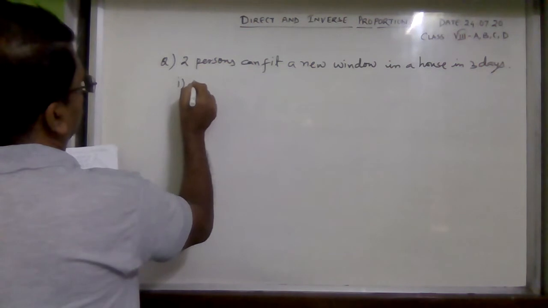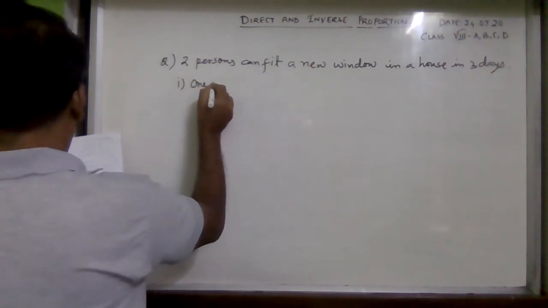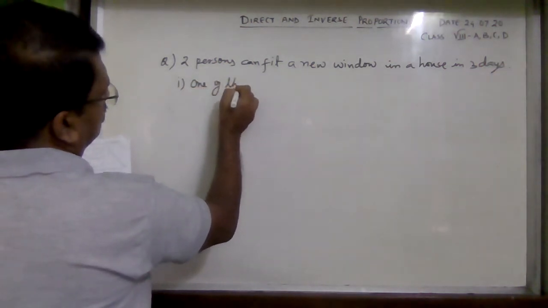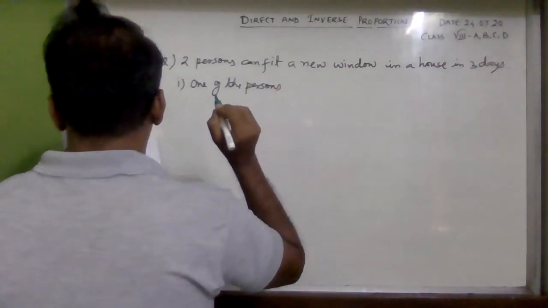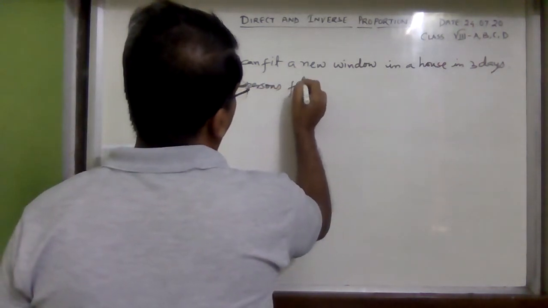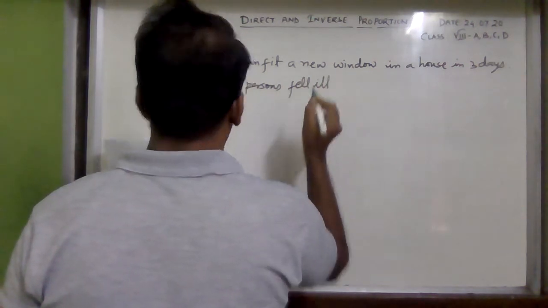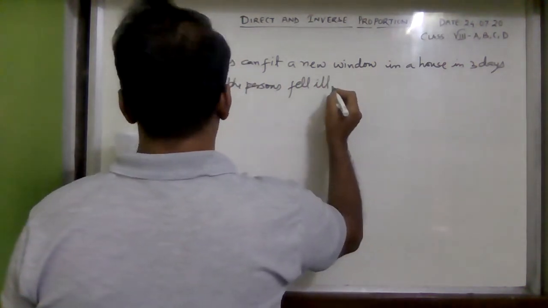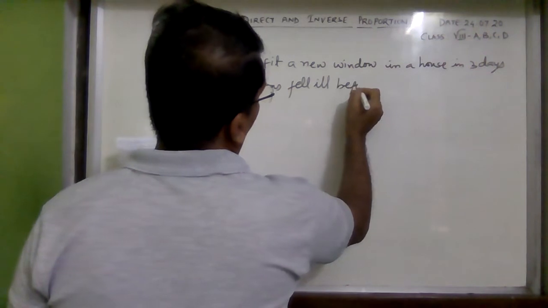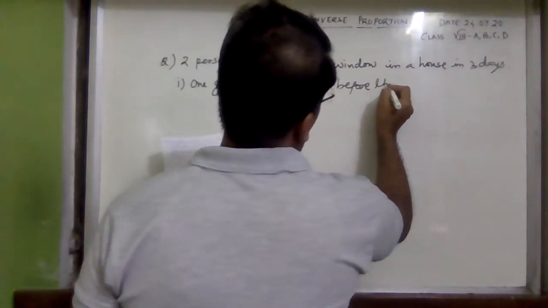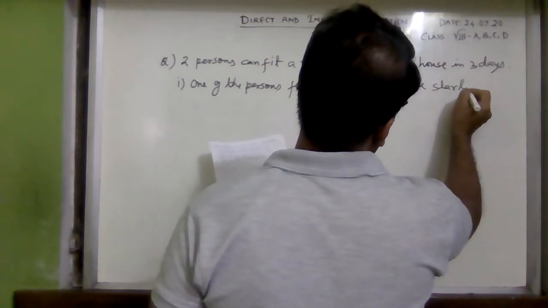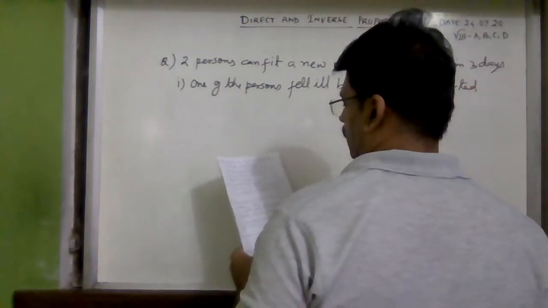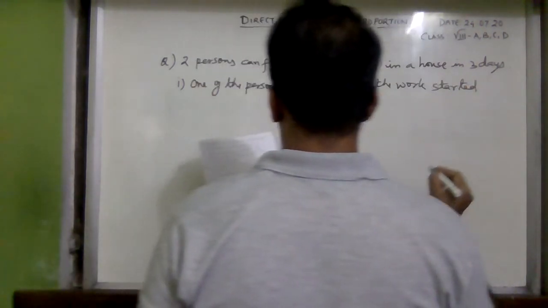Now the first part of the question: one of the persons fell ill before the work started. How long would the job take now?